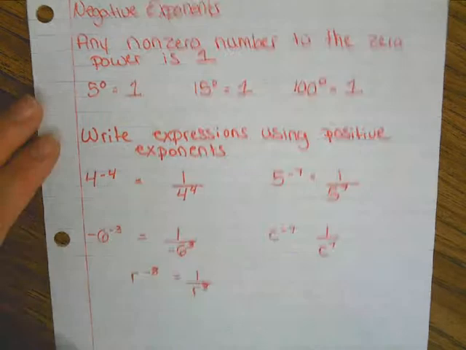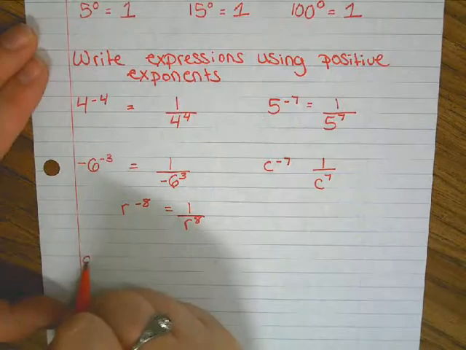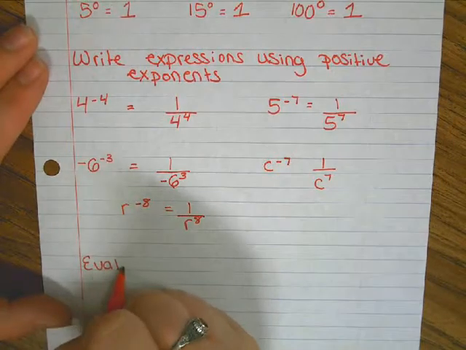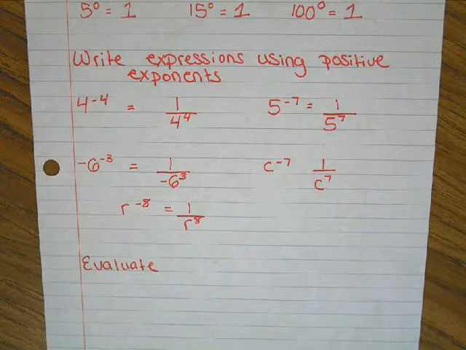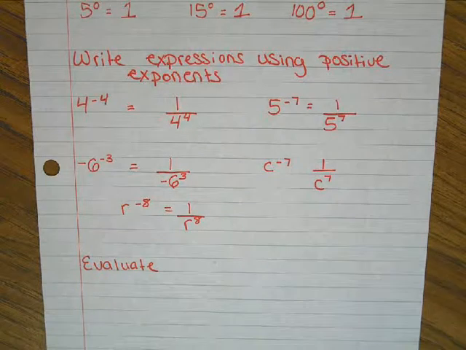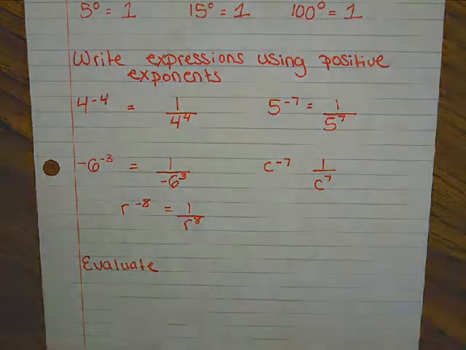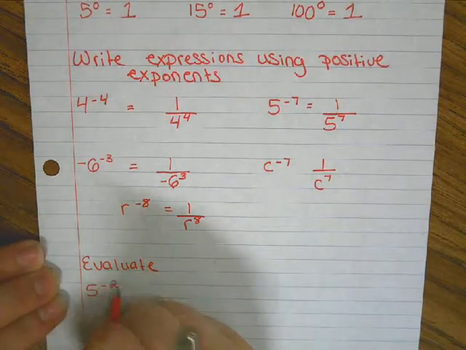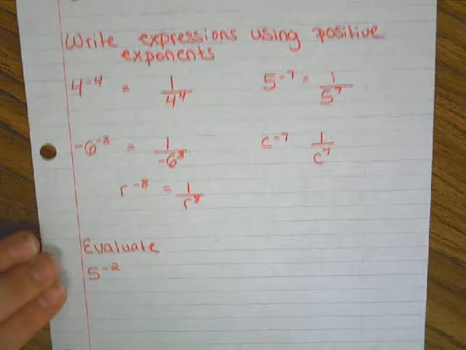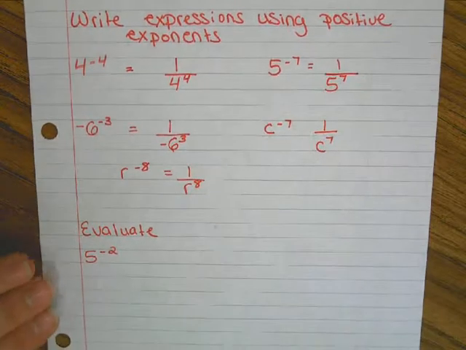Okay, the next set of directions are going to tell you to evaluate. What's evaluate mean? Solve. So not only are we going to have to write it with positive exponents, we then have to solve it. So let's look at 5 to the negative second power. First thing we need to do is write it using positive exponents.